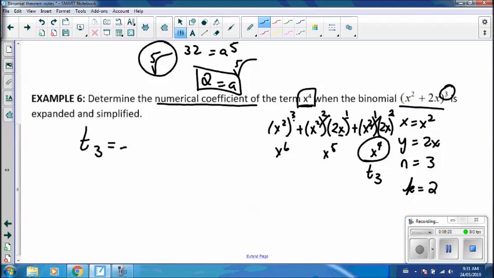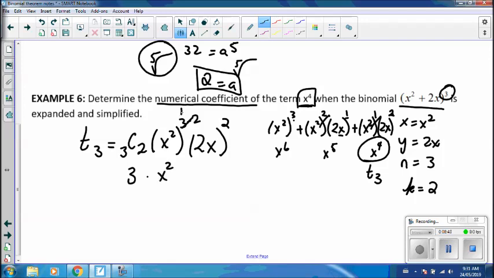So n, which is 3, choose 2, choose k, times x, which is x squared, to the 3 minus 2, times 2x to the k is going to be 3 times x squared, because this is just 1, times 4, right? That 2 applies here and here, don't forget that, x squared.